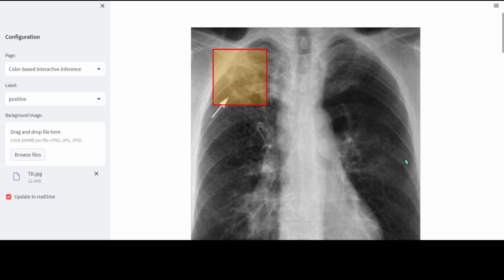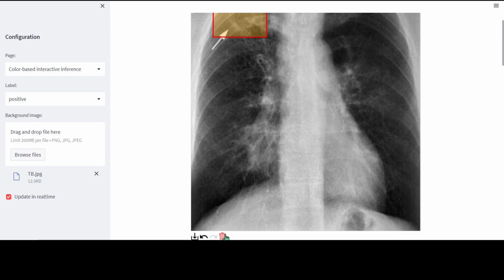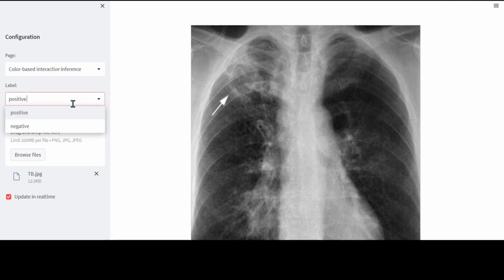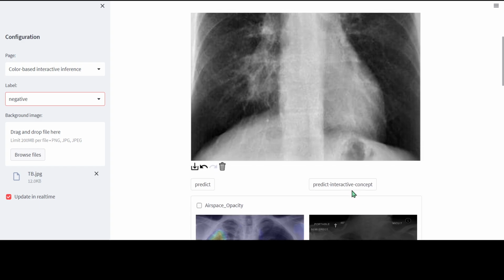So what if we do it the other way around? We know that this area is a feature of TB, but we draw a negative area over it. When we do this, we are telling the model to ignore the area when making the prediction. Let the model predict again.